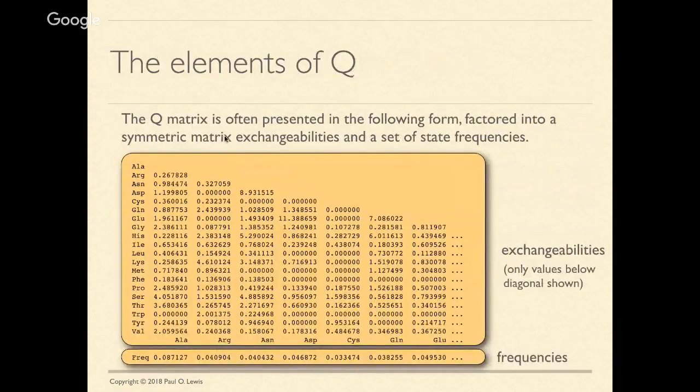The Q matrix for these models is often presented in the following form, factored into the symmetric matrix of exchangeabilities and a set of state frequencies. And these models can often be improved by replacing the frequencies with frequencies that are more appropriate for your particular sequences, but retaining the exchangeabilities, which tell you something about the average amount of time that, for example, cysteine changes to some other amino acid.